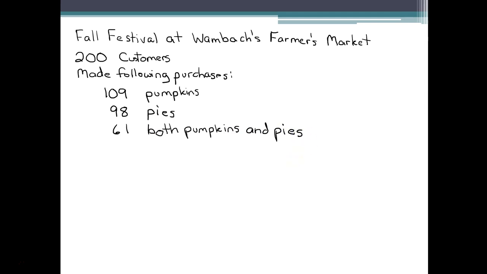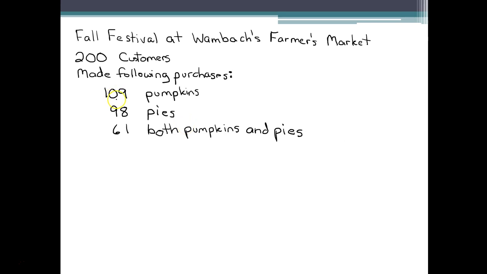Okay, so before we start trying to answer the questions, let's organize this information. Since we're dealing with 2 different items, and we're talking about quantities of those, and we see information about both, we can set up a Venn diagram to help us.